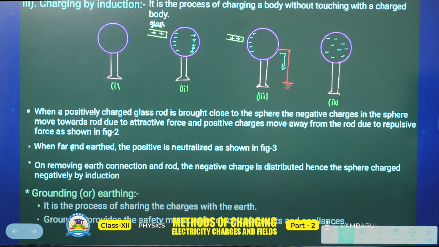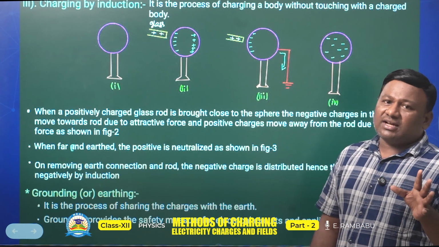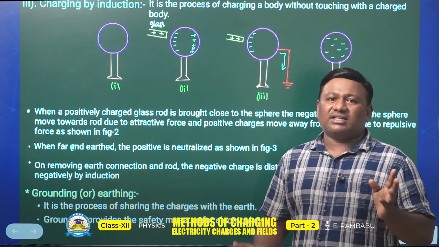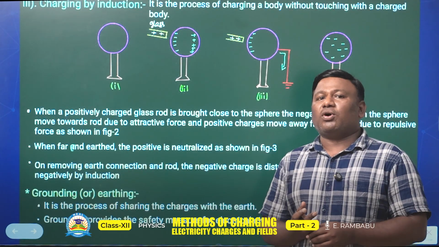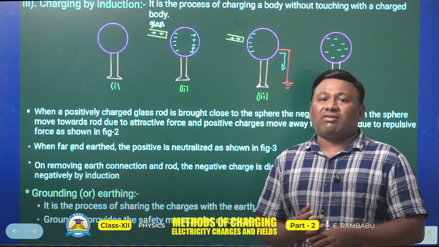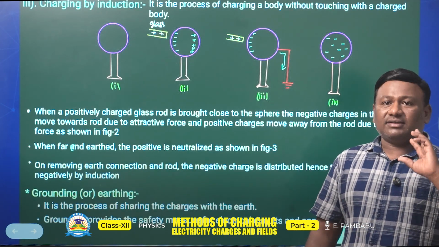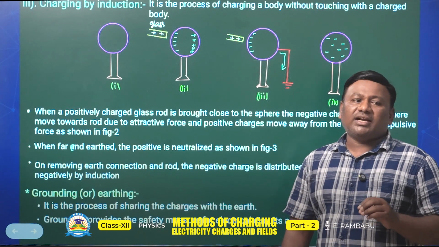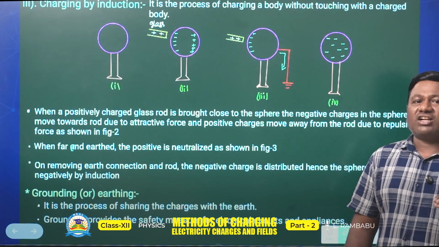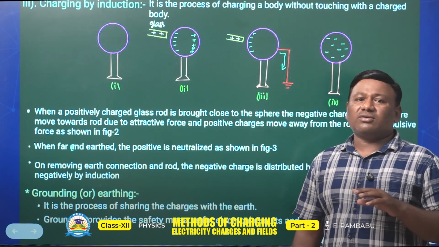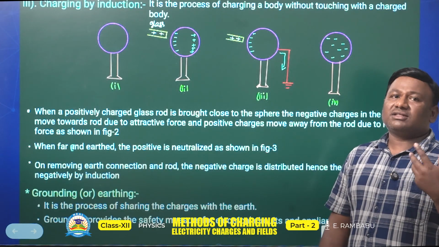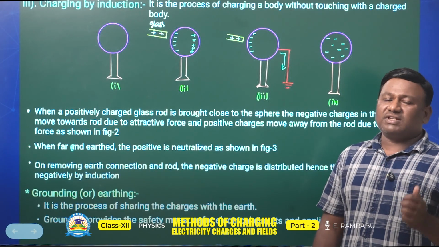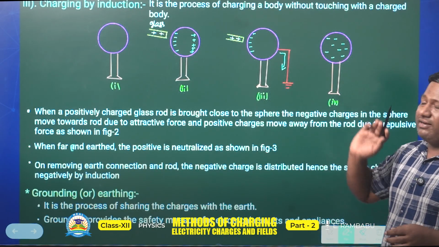In the conduction method, when two bodies are taken in direct contact, the charge is exchanged until both bodies acquire equal charge, when we are considering identical bodies. When non-identical bodies are taken, the charge is directly proportional to radius. More size stores more charge, less size stores less charge. For that I gave the formula.